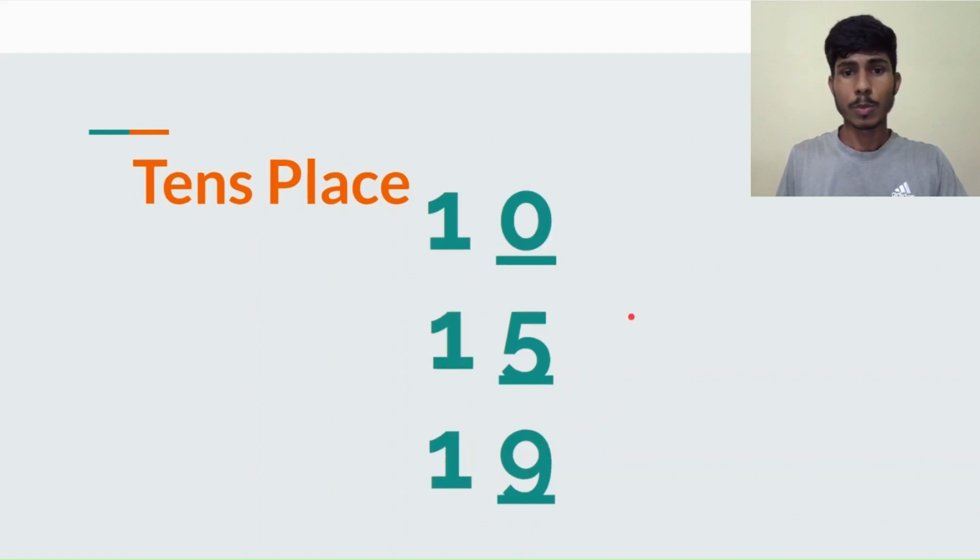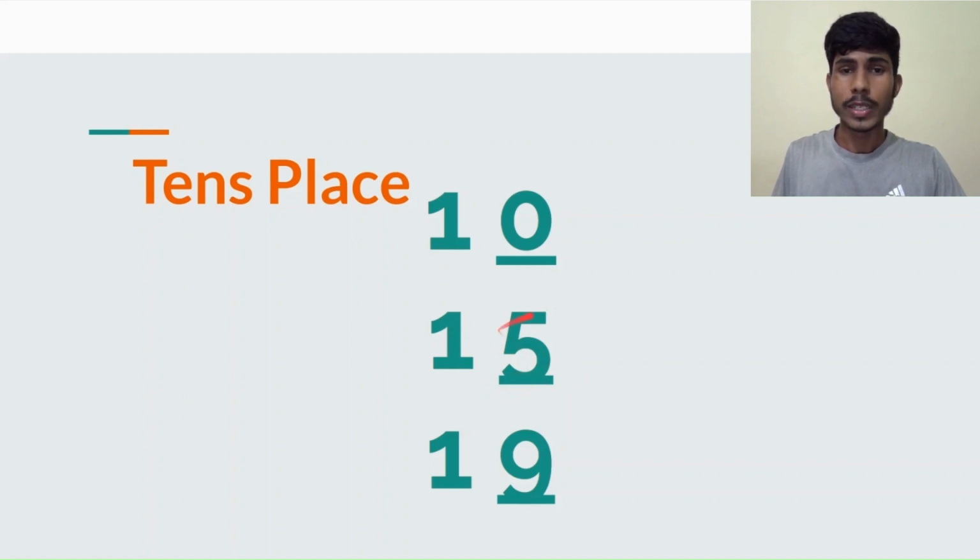Okay. Suppose you have another number 10. In the 10 there are two digits, 1 and 0. Here 0 is the rightmost digit. So this 0 is said to be in the ones place. Okay. This is what ones place means. And if you consider the next number, 15, there are two digits again, 1 and 5, and the rightmost digit here is 5.